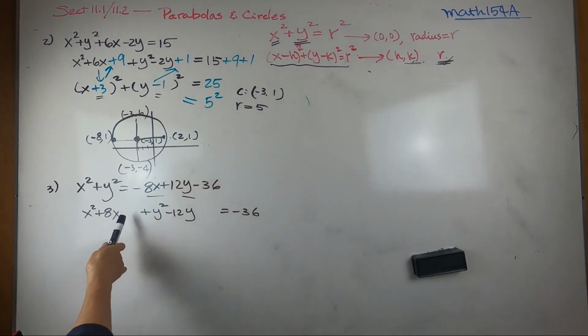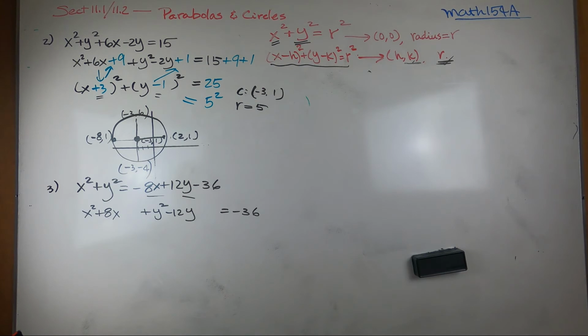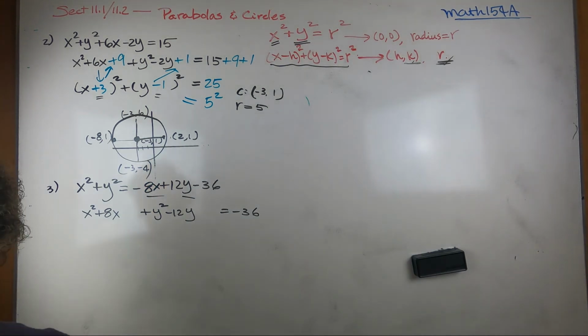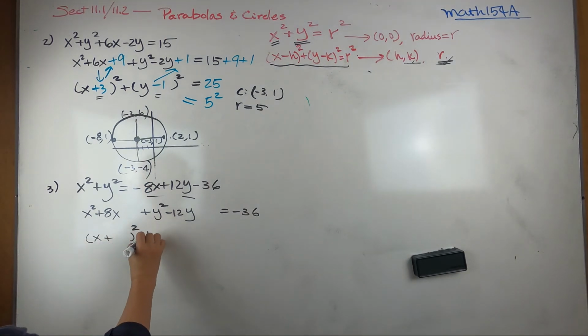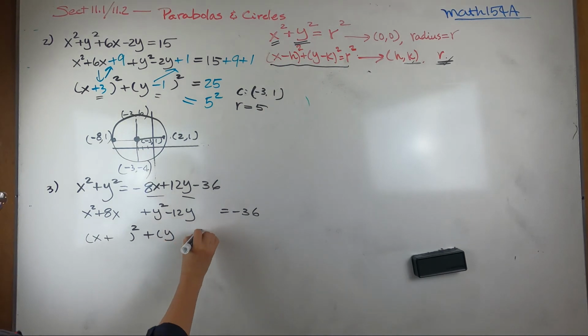You add 8x and subtract 12y on both sides. Then do the same thing to complete the squares. So I will have x plus something squared plus y minus something squared equals a number.